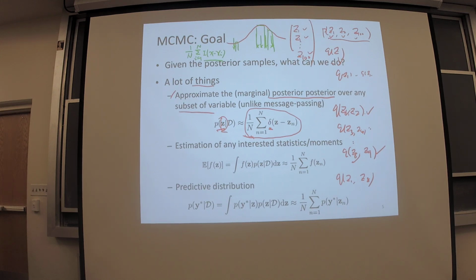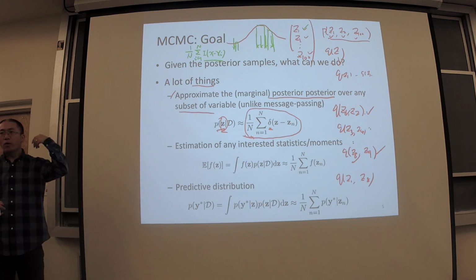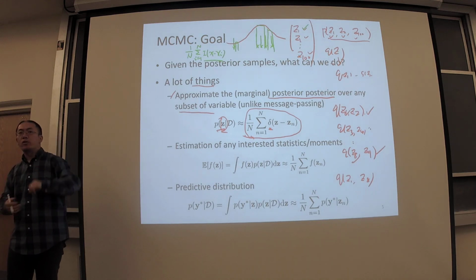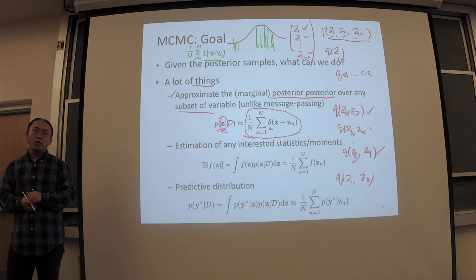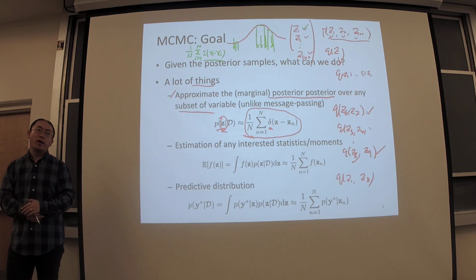Okay, so now the problem becomes, suppose I want to know the marginal distribution of only 3 components in your random vectors. Given this collection of samples, how should we do that?